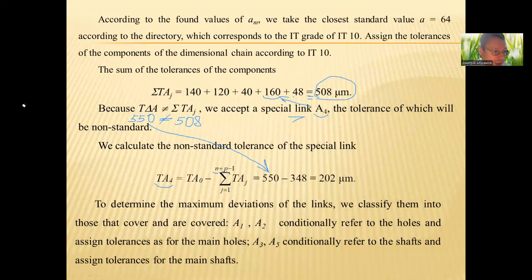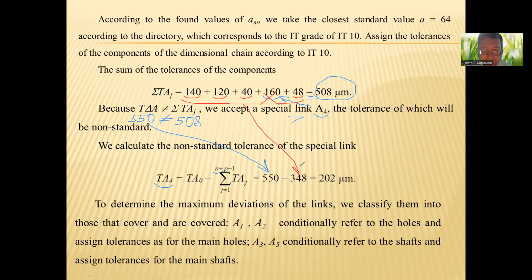Let's change the color. 140 plus 120 plus 40 and plus 48, except 160.